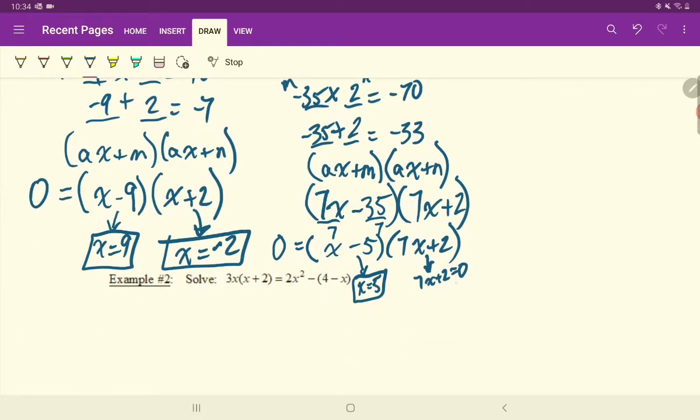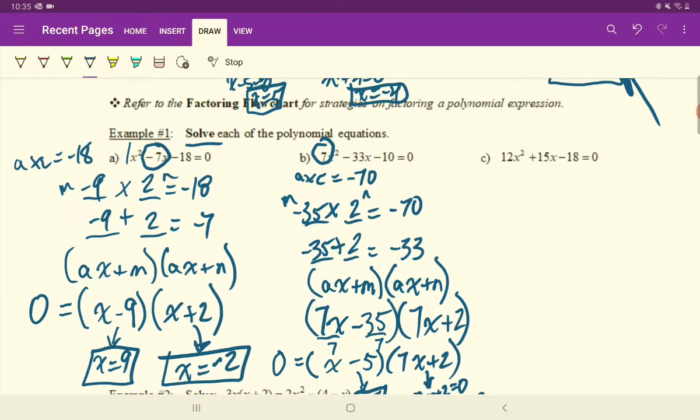Okay, so you can see my algebra behind it. Then I'm just going to solve for x. Negative 2 divided by 7 is what you get for that x-intercept. Okay? So there's our two answers. There are two different answers if you were to solve for x.